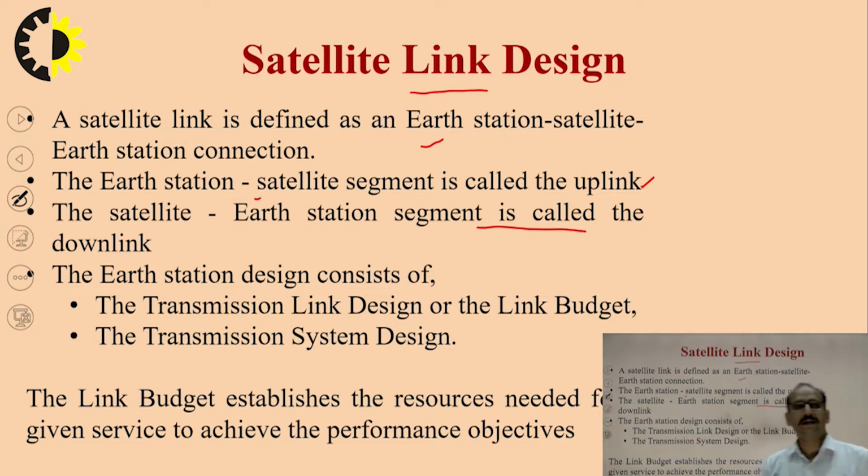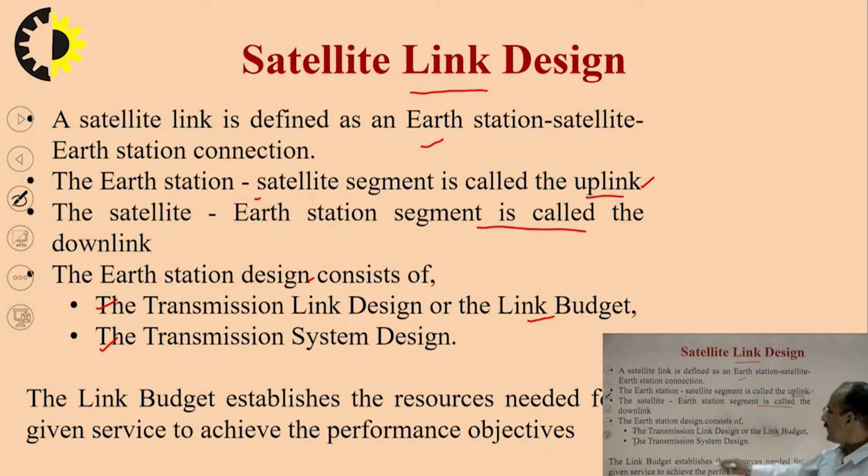So when we want to describe the satellite link design, we also have to design the earth station. That designing consists of two points. The first is the transmission link design, or the link budget, and the second is the transmission system design. Both are related to the earth station design, while for the satellite link we are talking about the uplink and the downlink.